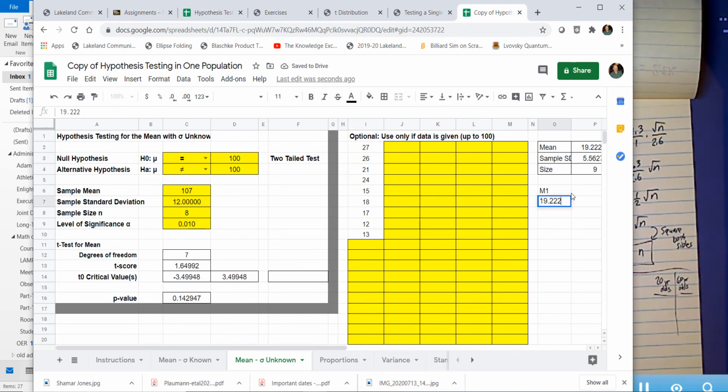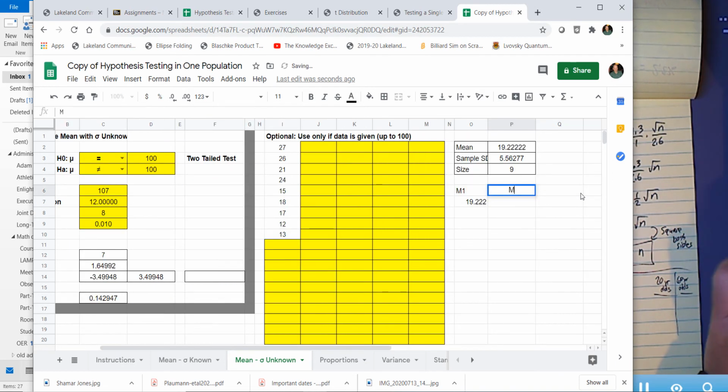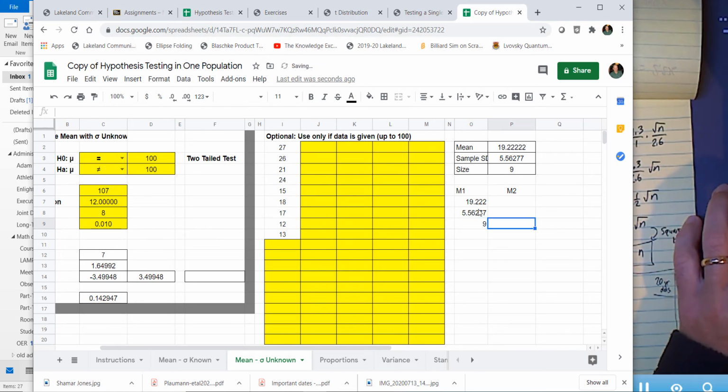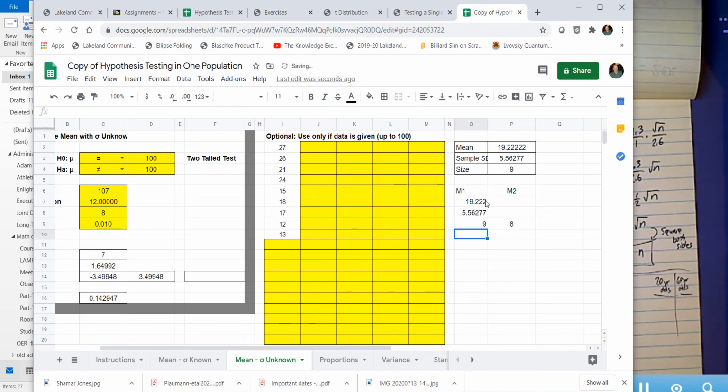So maybe I'll label that M1 is 19.222. But over here I'm going to have M2. And I'll label what that is. I guess the sample standard deviation may come in handy later. So I'll copy that down, and I'll even copy down the fact that there's 9, whereas over here there's only 8. Let's get what that mean and standard deviation are.